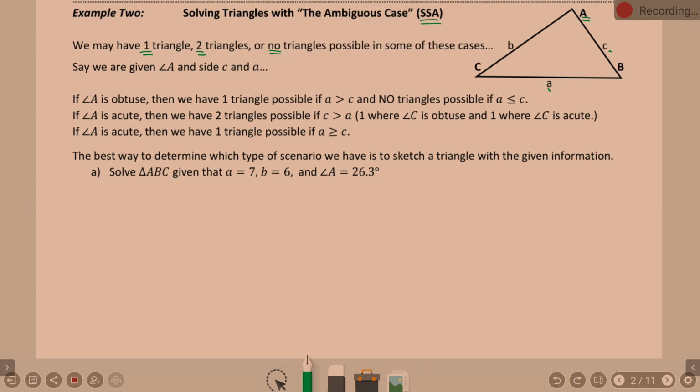So, we're going to solve triangle ABC. And as it says, the best way to determine which type of scenario is to kind of sketch a triangle or use this setup here. So, given that side A is 7, side B is 6, and angle A is 26.3 degrees. Now, I'm going to try and, let's see.